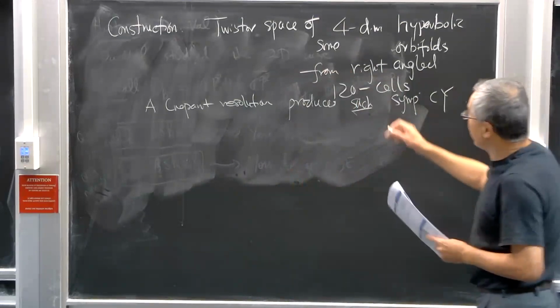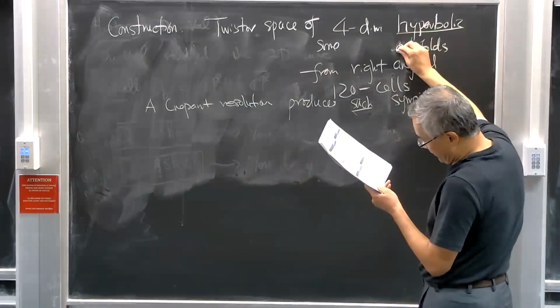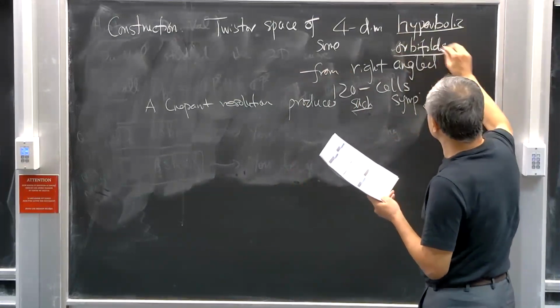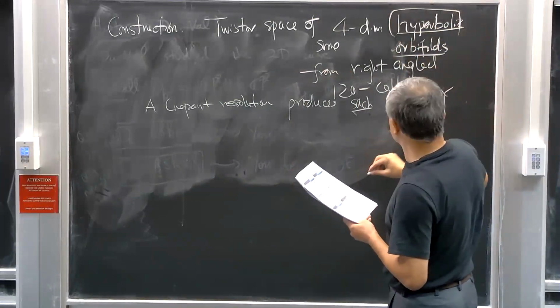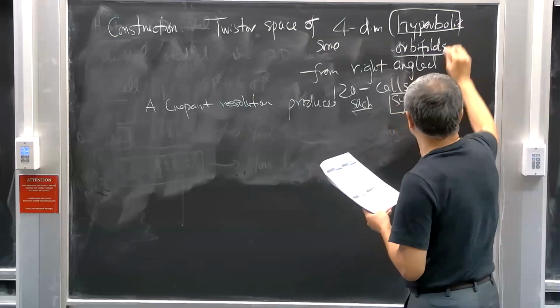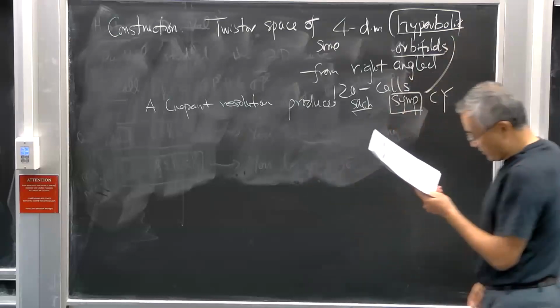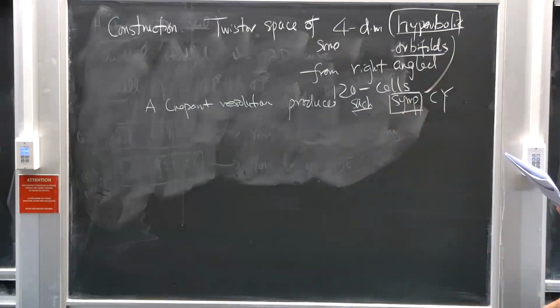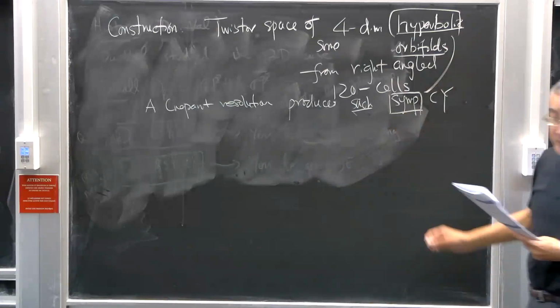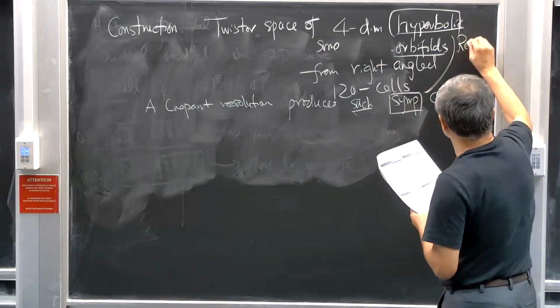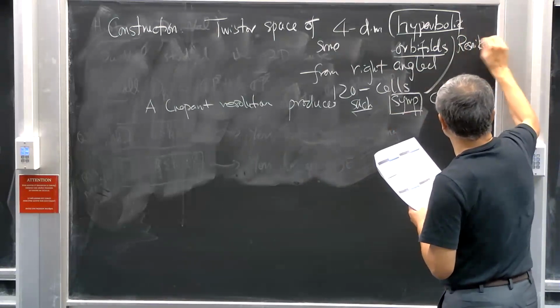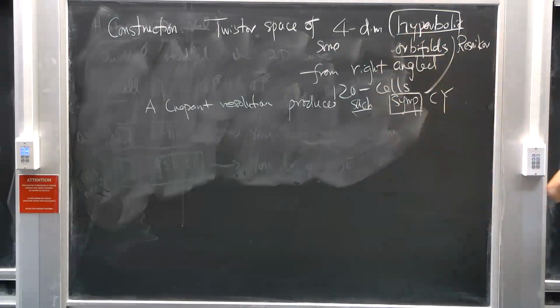So the link between hyperbolic geometry and symplectic geometry was actually first noticed by Reznikov. I think the twistor space over hyperbolic space actually admits a symplectic structure.